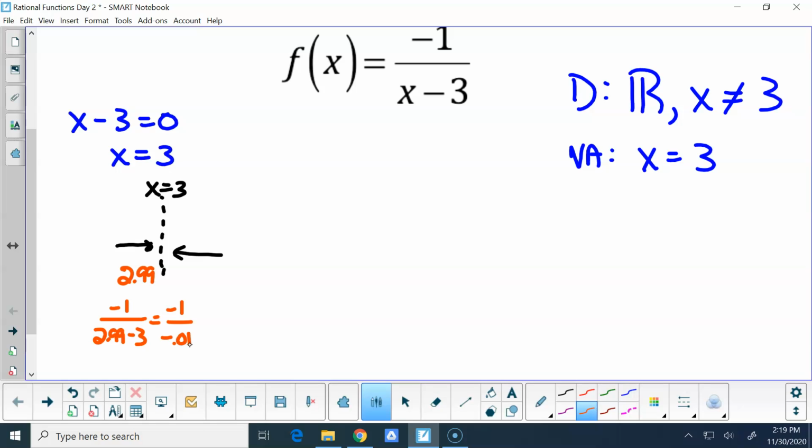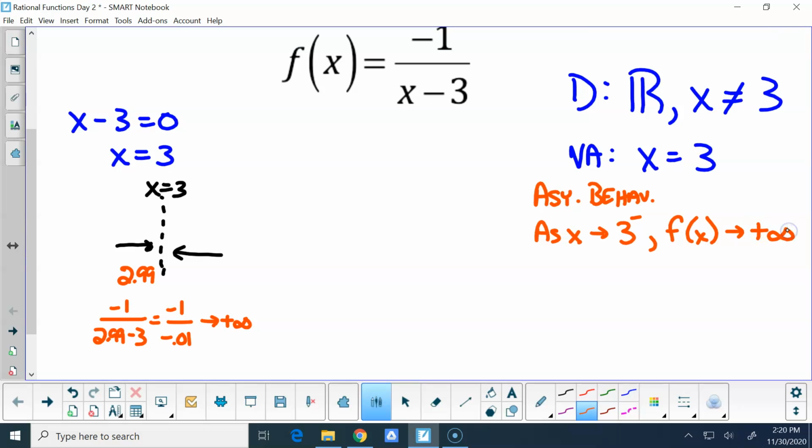That means it's going to go to infinity. And this one's going to go to positive infinity. So my asymptotal behavior as x approaches 3 from the left, my function is going to be positive infinity.